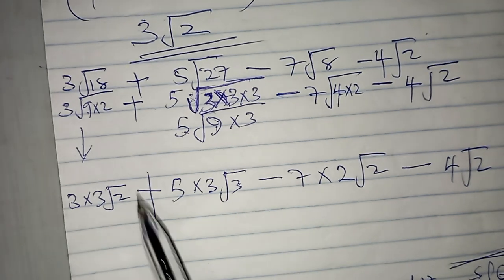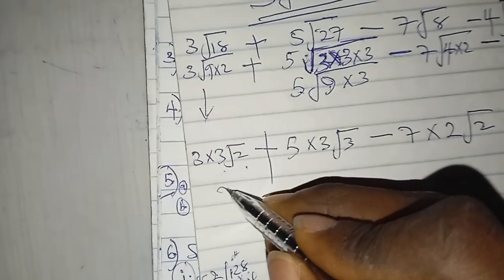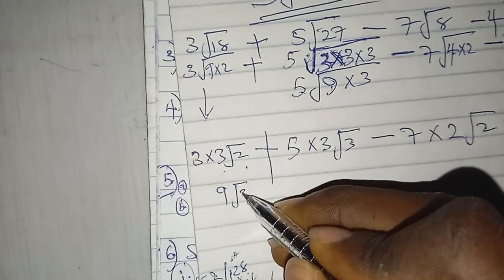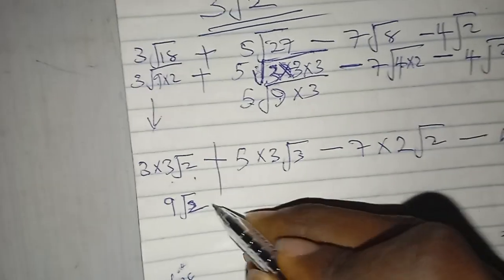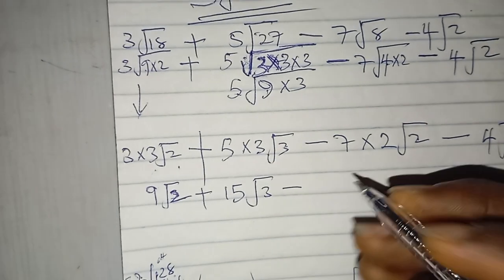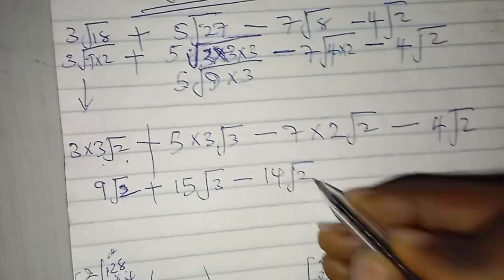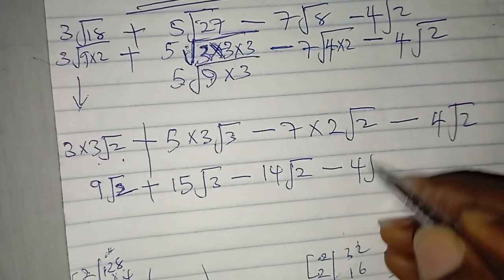So you can see that all the ones that have root 2, first of all, let's do this. This is the sentence saying 3 times 3 is 9 root 2 plus 15 root 3 minus 14 root 2 minus 4 root 2.